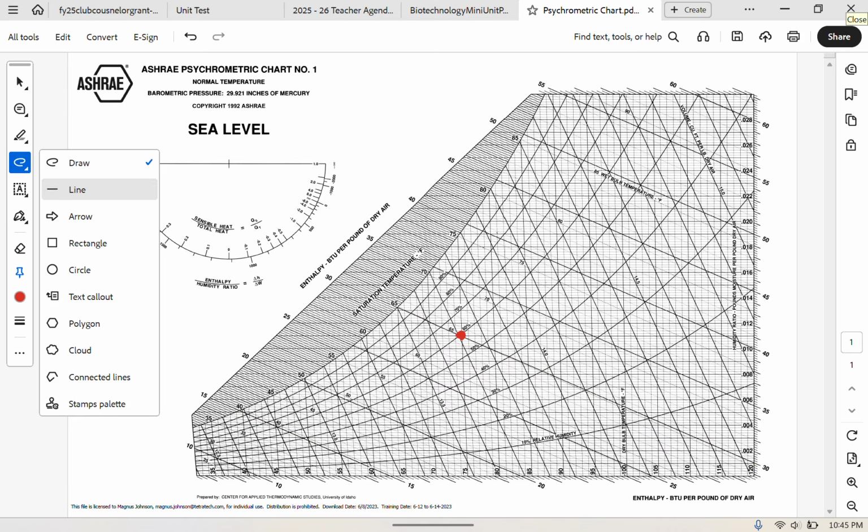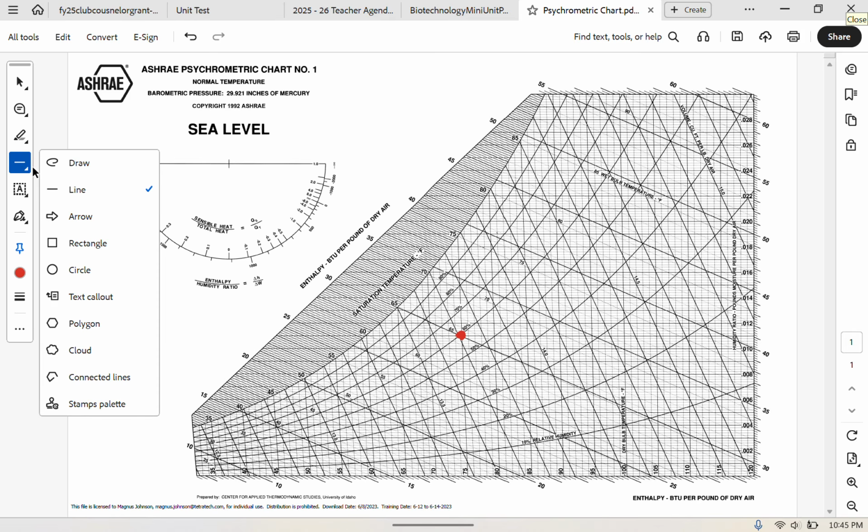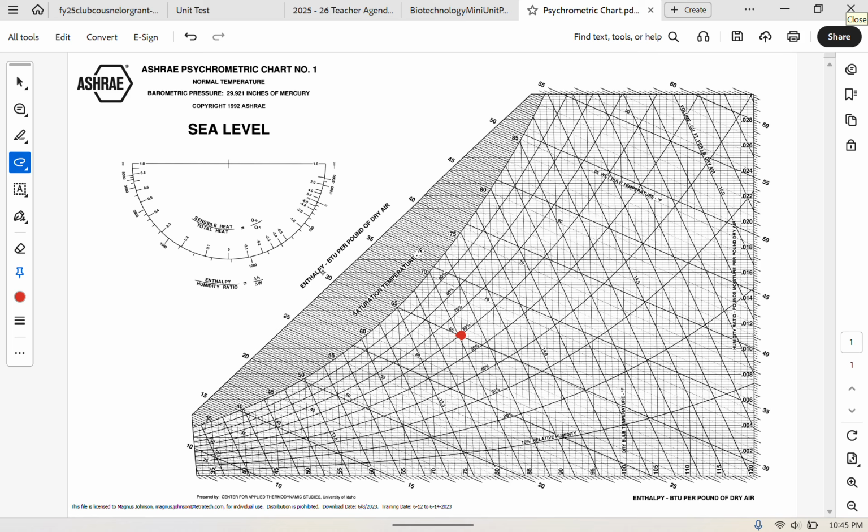There are also other diagonal lines that are almost exactly parallel to the wet bulb temperature lines, and these are the enthalpy lines. So you can see here we have some enthalpy numbers, 15, 30, 50. These are BTU per pound of dry air. So you can see how close they are.